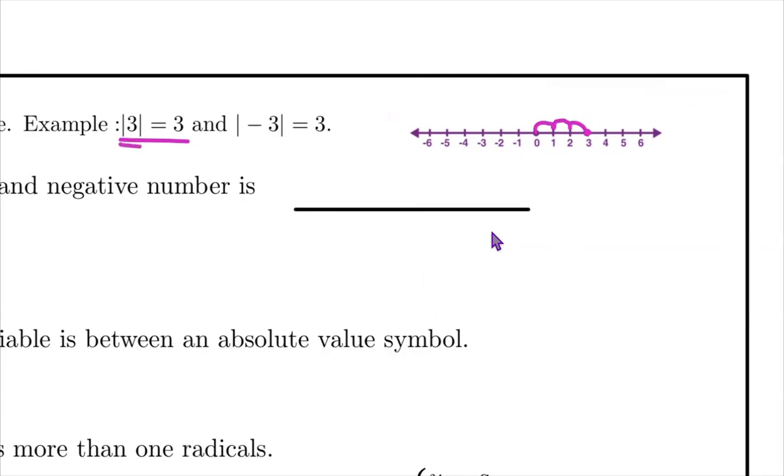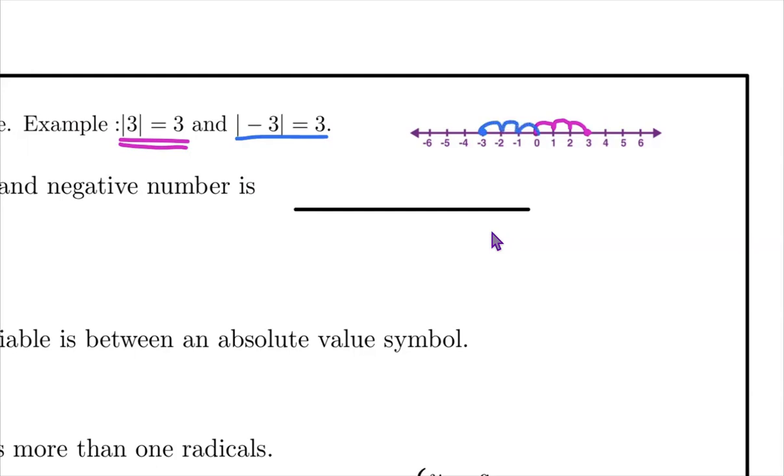So that's why the absolute value of 3 is +3. Let's take a look at absolute value of -3. Absolute value of -3 is also 3 because this is -3 from 0: 1, 2, and 3.